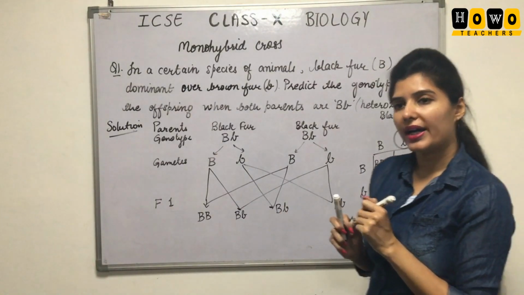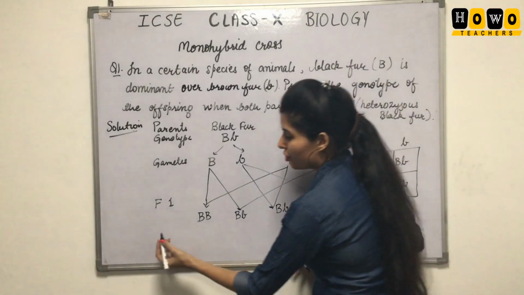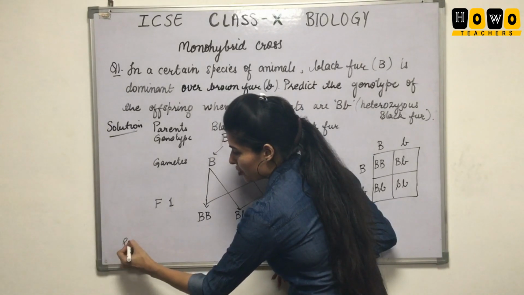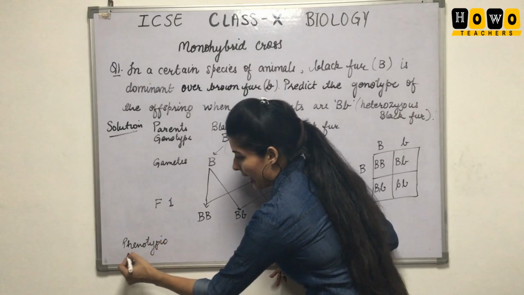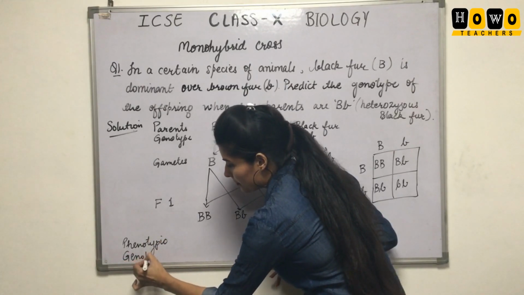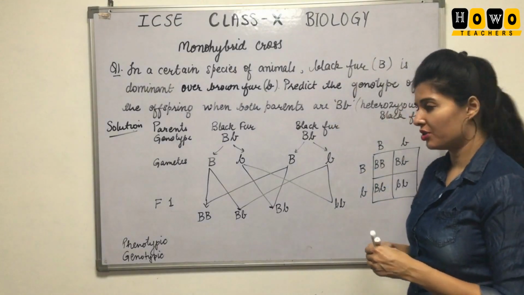Now see, two kinds of ratio we are getting in the answer. First kind of ratio is its phenotypic ratio. And the other one is genotypic. Both answers you have to mention here.